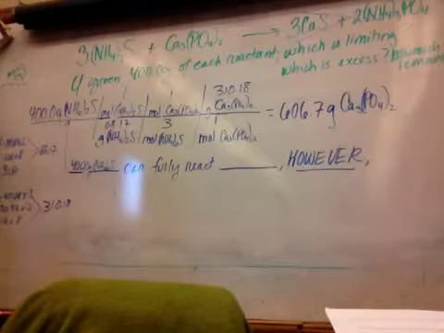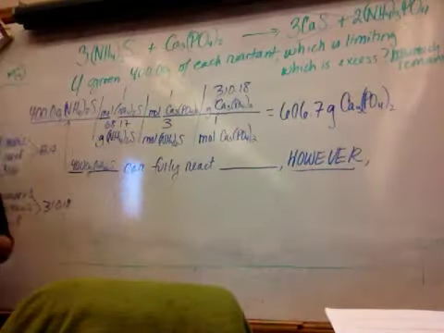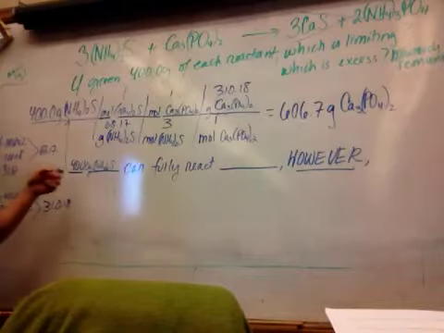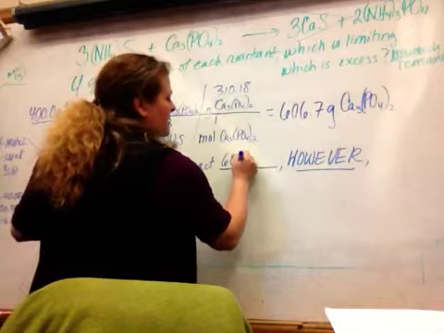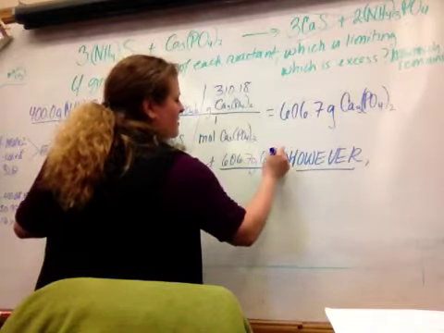Can fully react, and this blank is the answer that you got. Because what we're doing is we're telling the story of this problem. So 400 grams of ammonium sulfide can fully react 606.7 grams of calcium phosphate.